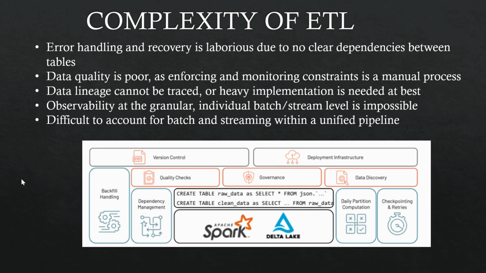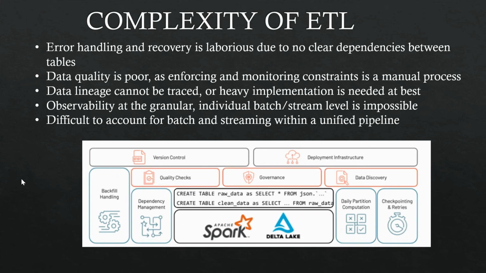Those things are taken care of by Delta Live Tables. If you want to do a backfilling of your data because of some data discrepancy, that is also handled by Delta Live Tables. If the pipeline fails, for example, then you can also go ahead and use a checkpoint and retry policy.